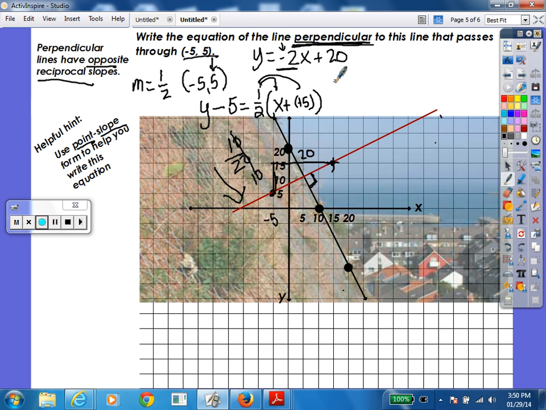Okay, so that gives us y minus 5 equals 1/2 x. And then you're going to have to do 1/2 times 5. And that's 5/2 if you want to check, 1/2 times 5 is 5 over 2. Okay, so you got 5/2. The equation's almost done.